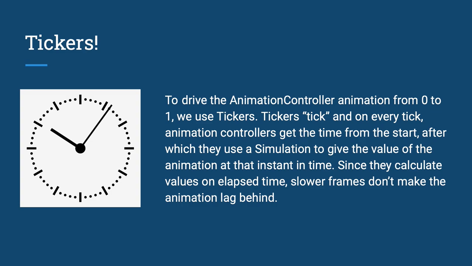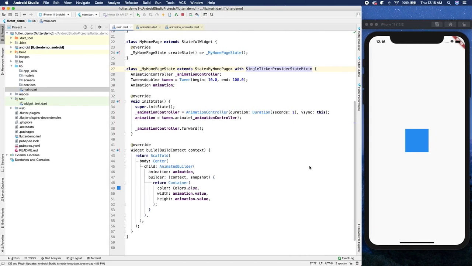That is essential in a lot of cases, because in a Flutter app, if you have UI elements with some interaction between them, it becomes really hard when the duration of the animation is extended. So they calculate values in elapsed time, and slower frames don't make the animation lag behind.